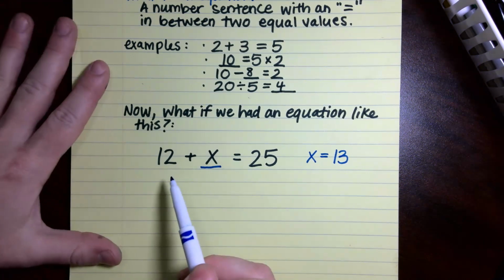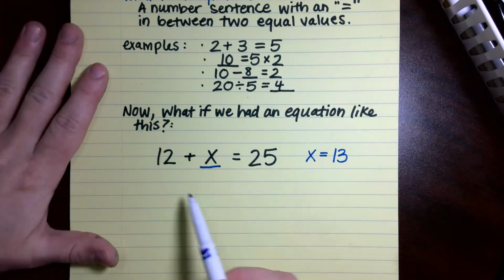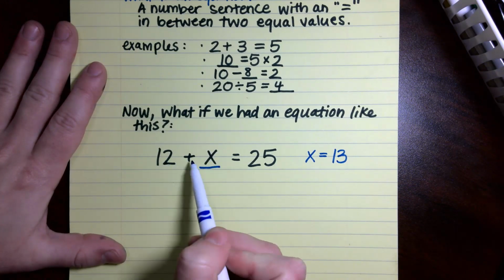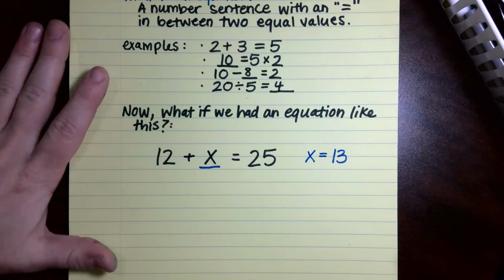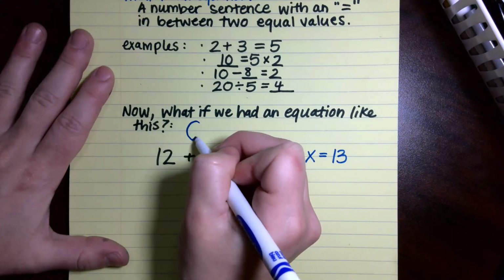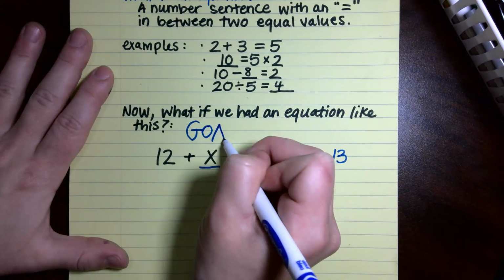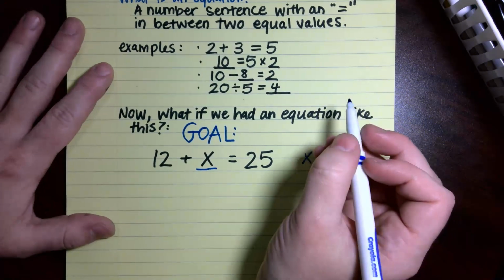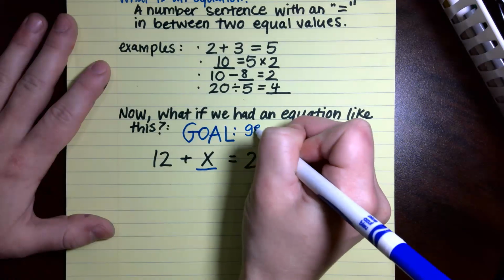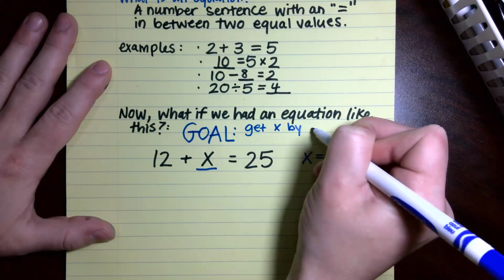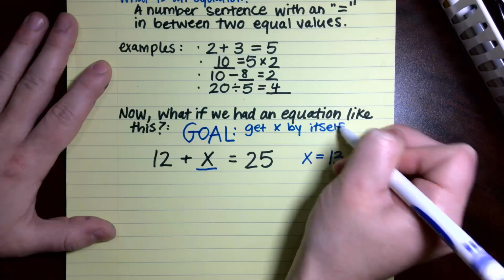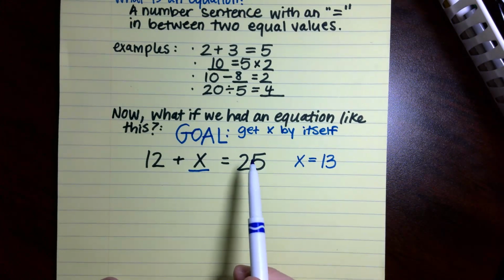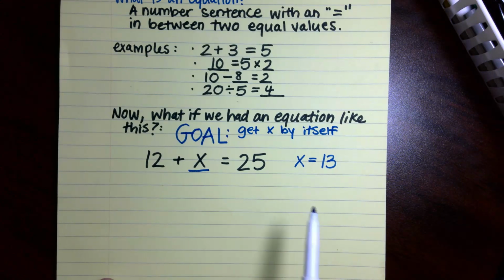So, anytime that we have a number sentence, an equation like this, where we have 12 plus x equals 25, our goal, and I'm going to have you guys write this down, our goal is to get x by itself, because eventually we want this equation to become x equals something.